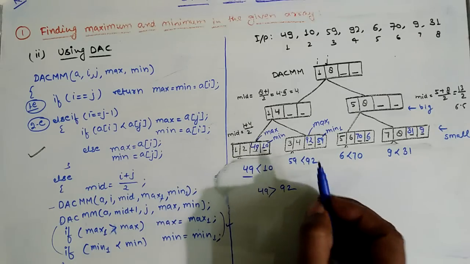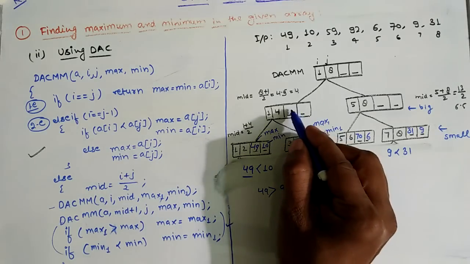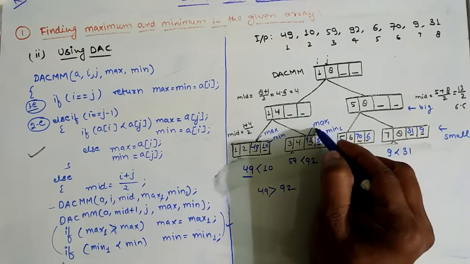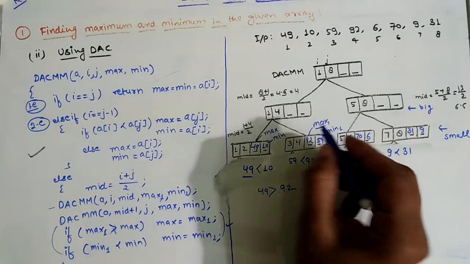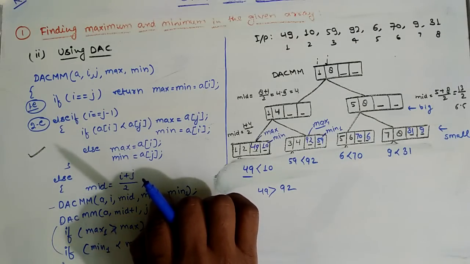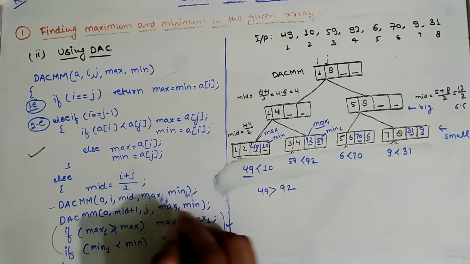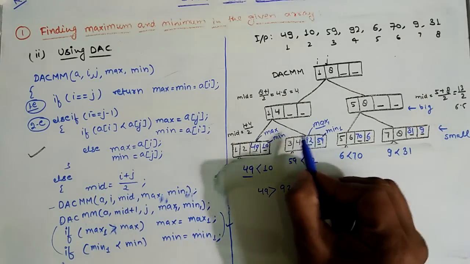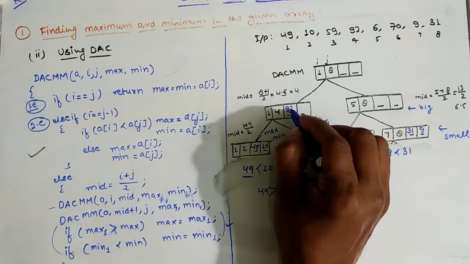If yes, then update the max, so the max is updated with the max 1, that is this algorithm. So I just write it here max and min, and the second procedure has max 1 and min 1. Okay, I just correct it. So in these two cases 92 would be updated.